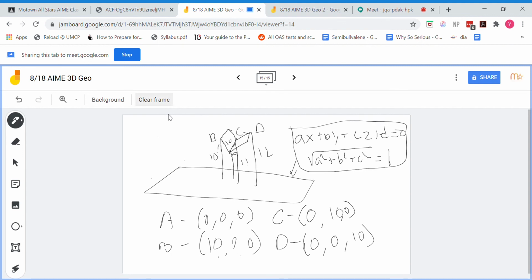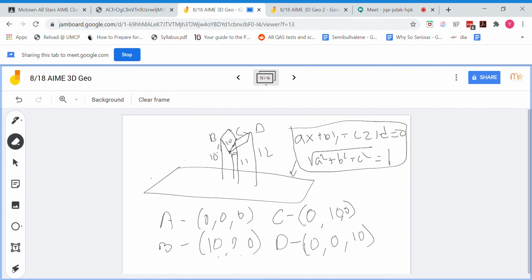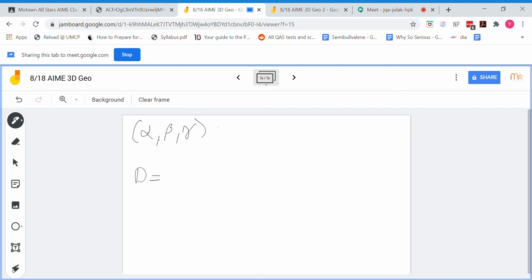So now let's go about using the distance. I'm not sure how many of you know this, but the distance from a point with coordinates alpha, beta, gamma to the plane we defined on the previous slide is given by this formula: a alpha plus b beta plus c gamma plus d, over the square root of a squared plus b squared plus c squared.